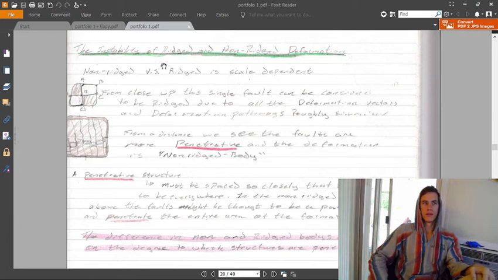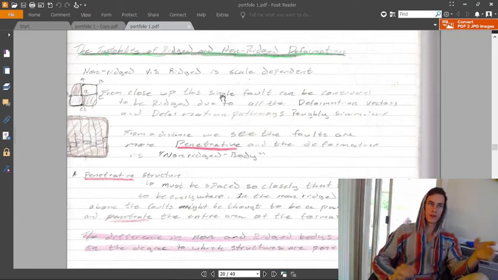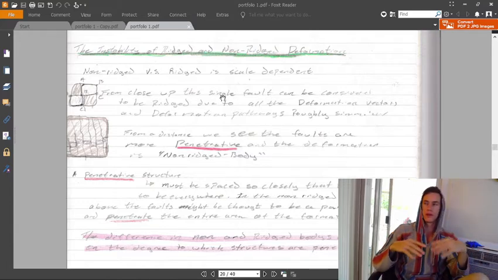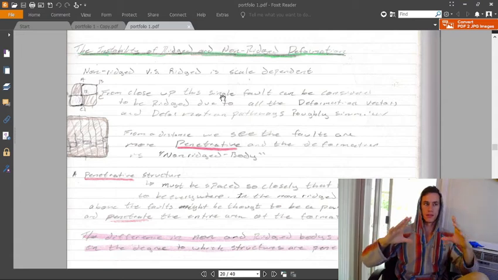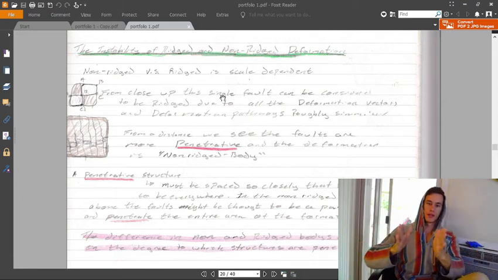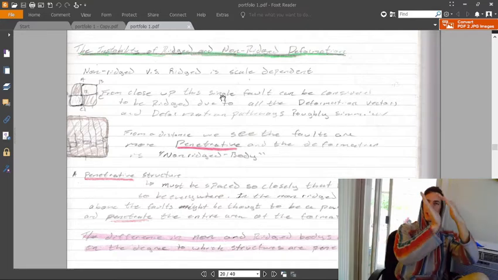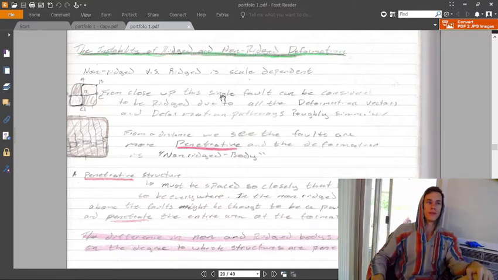So when you're considering if something is rigid or non-rigid, you have to include the scale at which you're looking. At 0.1 meters, it's rigid, everything's the same. But at a scale of 10 to 100 meters, those little 0.1 meter movements add up to kind of shifting and moving.